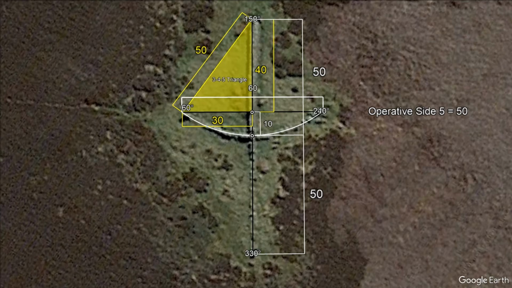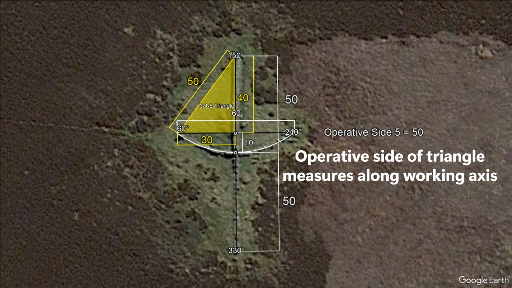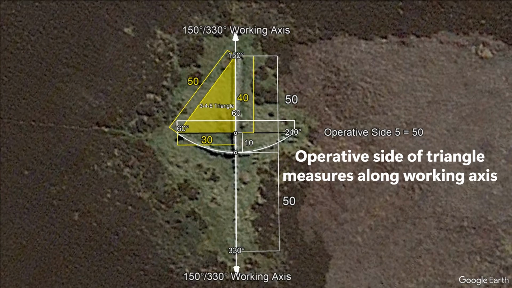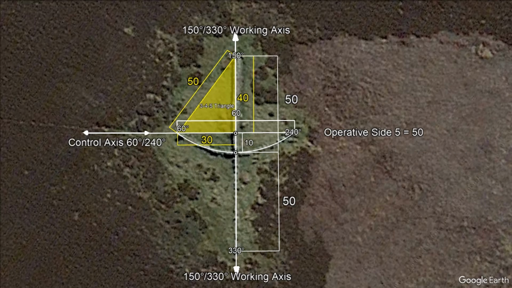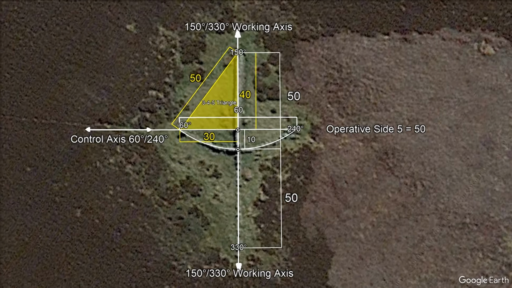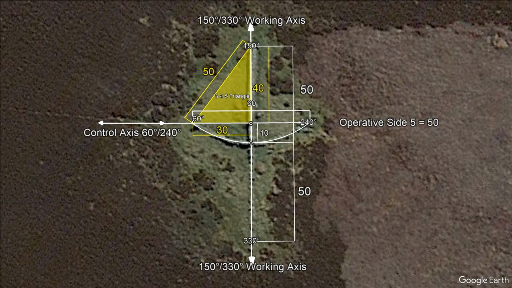One is the maximum distance, which is 50 in here, because that is the length of the hypotenuse. The second is the 90 degrees. Now, the 90 degrees always goes on what we call the control axis. The control axis is what is lined up 90 degrees with the working axis.